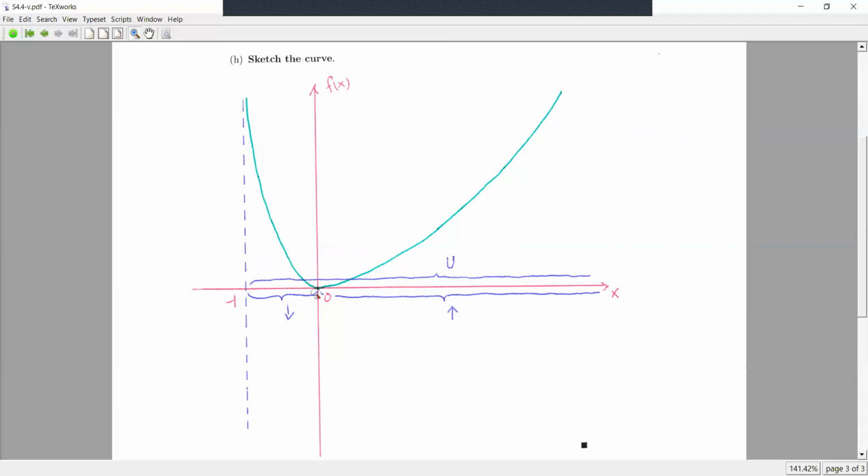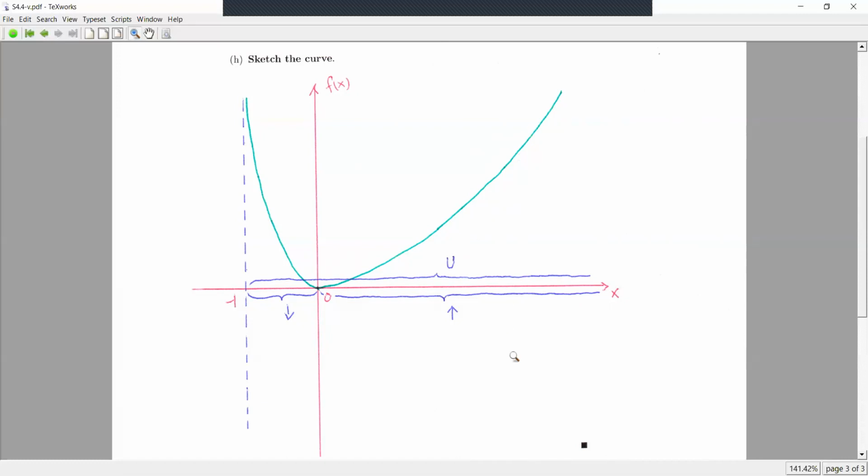When x approaches -1 from the right side, the graph should be closer and closer to the vertical asymptote. Second piece, 0 to infinity. The graph is increasing and concave up. So the graph looks like this, increasing, concave up.